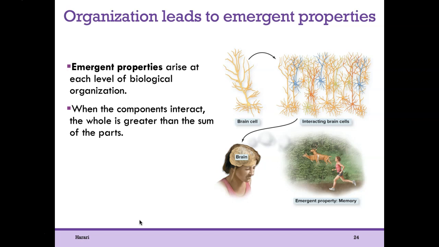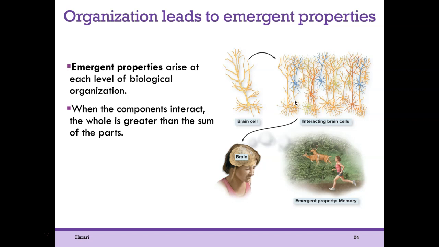Right? So memory is a very complex property that emerges only when smaller things interact in just the right way. So it happens to be that neurons have to connect in the right way and transmit neurotransmitters in the perfect way in order for a brain to have memory or consciousness.